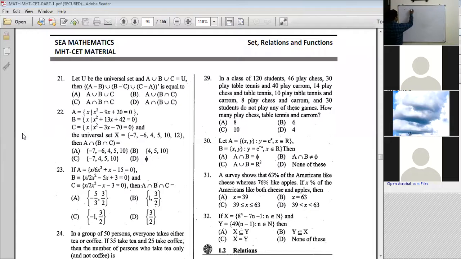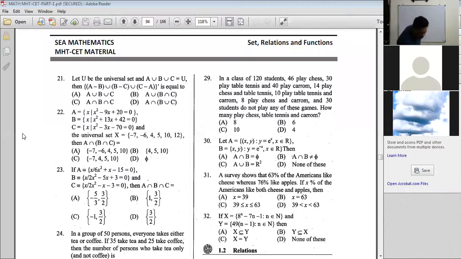And the universal set is given as x equal to -7, -6, 4, 5, 10, 12. And set A is the set of x such that x squared minus 9x plus 20 is equal to 0.